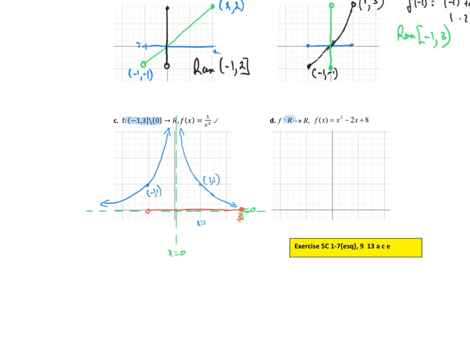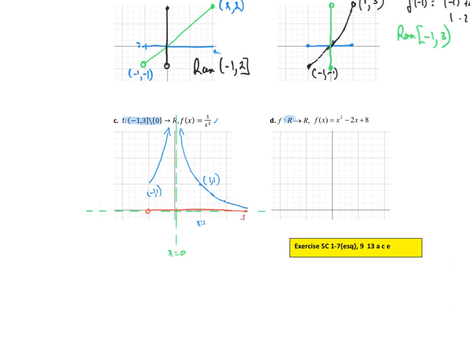So again, let's rub out the bits that I don't want. I might just tidy this up a fraction. And we'll call that 3 there.